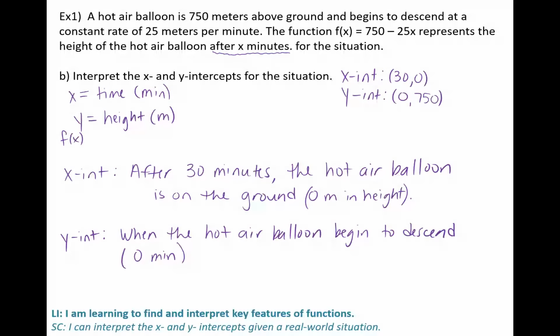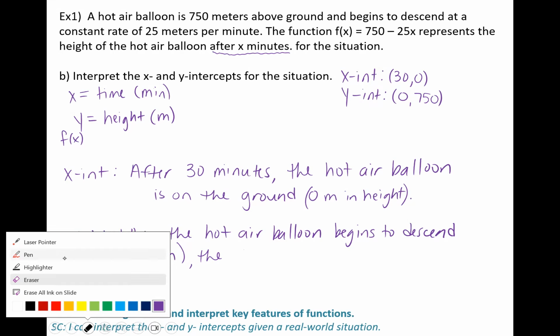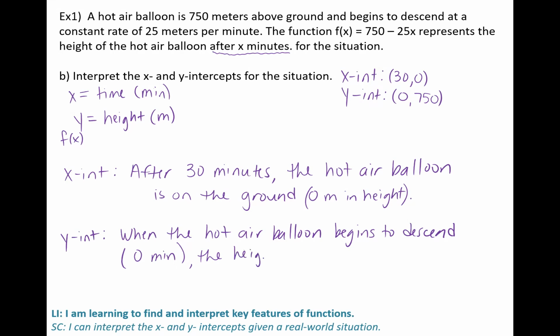So when the hot air balloon begins to descend, 0 minutes, the height, now I'm talking about the y value, the height of the balloon is 750 meters.